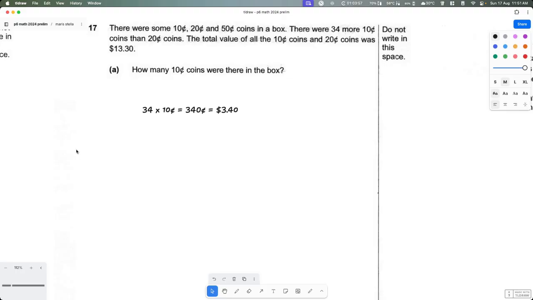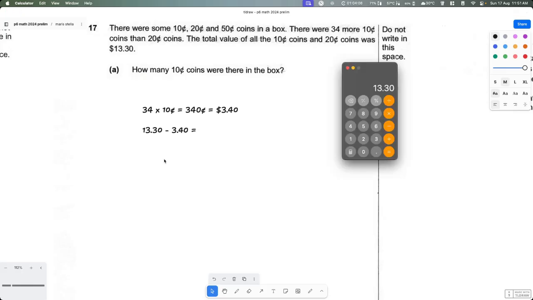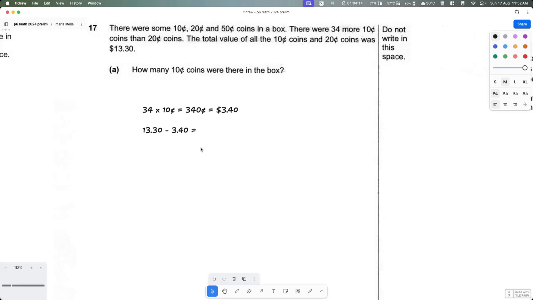With that we can subtract: 13.30 minus 3.40 will give us $9.90.